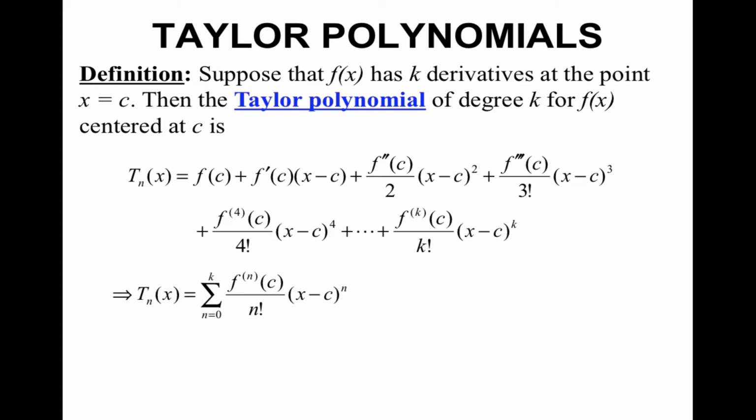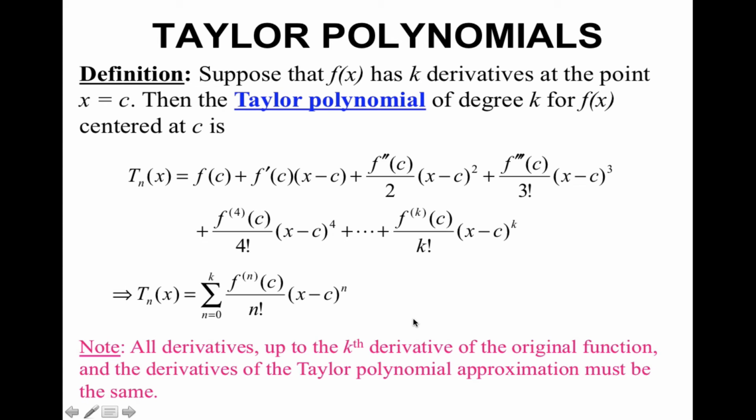That means we can rewrite this as a series where the Taylor polynomial is equal to the sum of the nth degree term, where n equals 0 to k. And all derivatives up to the kth derivative of the original function and the derivatives of the Taylor polynomial approximation must be the same.